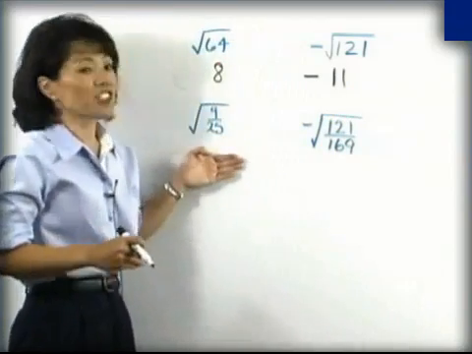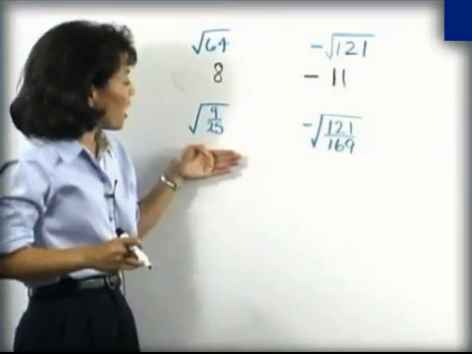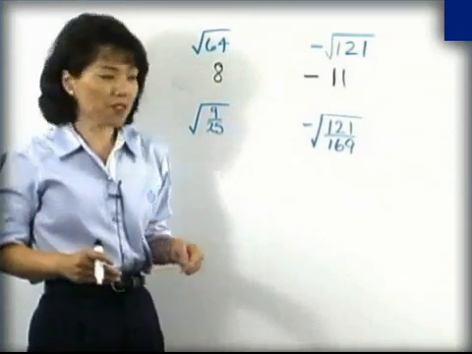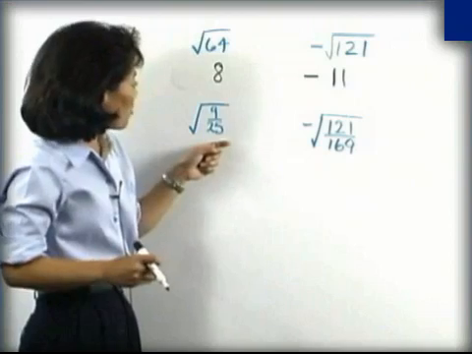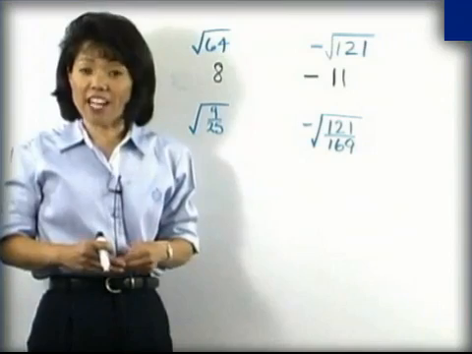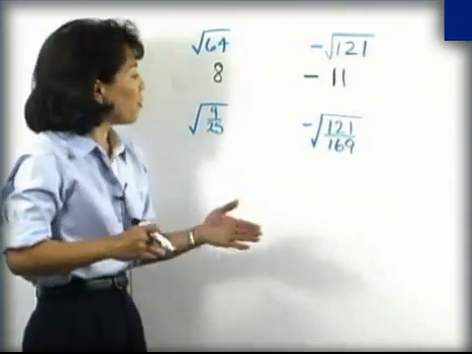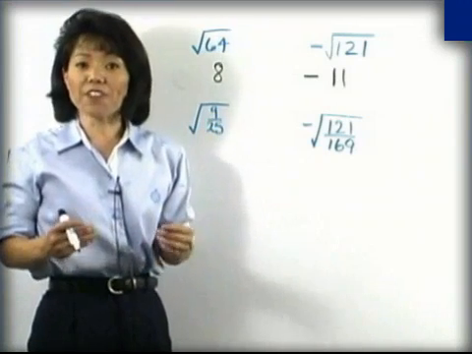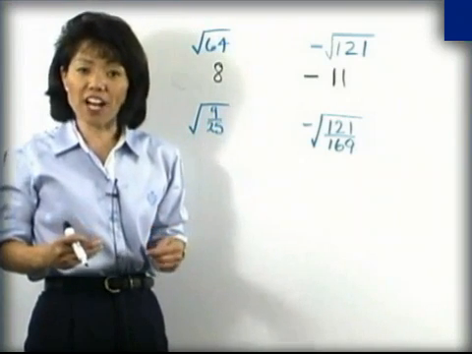Let's move on to some fractions. Just because they're fractions doesn't make it that much more difficult when finding square roots. We ask ourselves, what number times itself gives us 9/25? Well, we know that 3 times 3 is 9. We also know that 5 times 5 is 25.